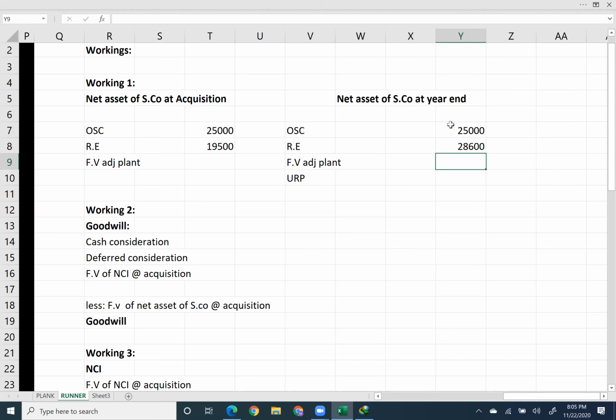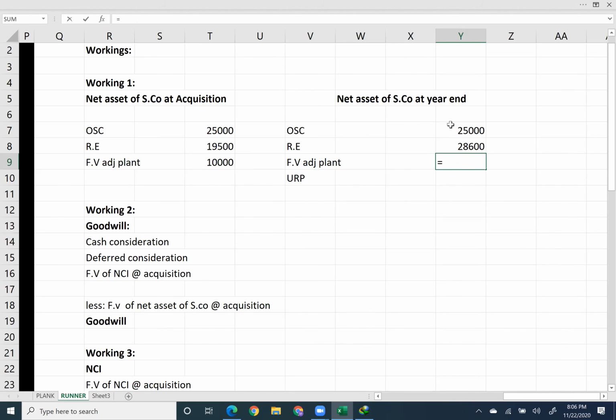Now, hope you remember the fair value adjustment. Tell me what's the amount of fair value adjustment. Fair value adjustment at the acquisition date was 10,000. But you need to subtract 1,000 depreciation, so you will have 9,000 here.